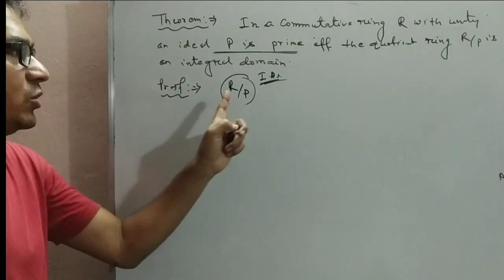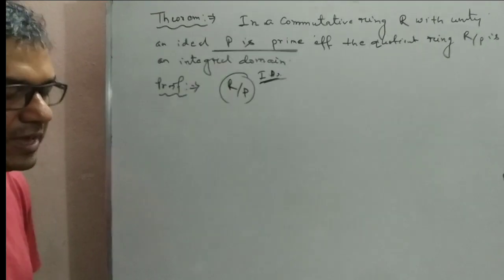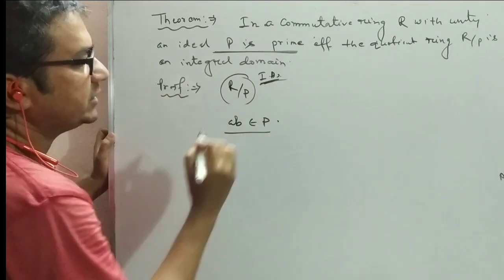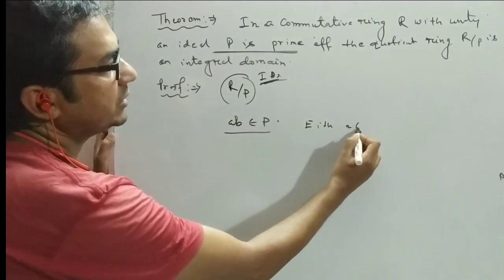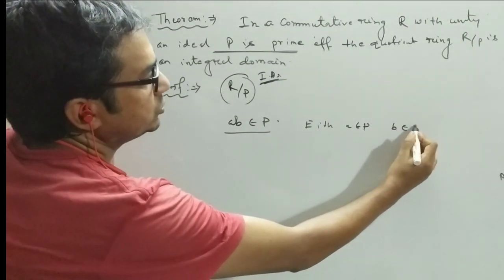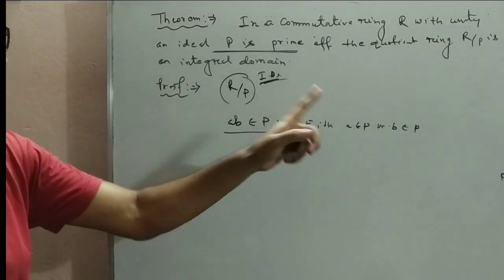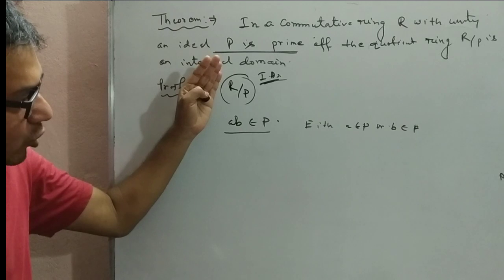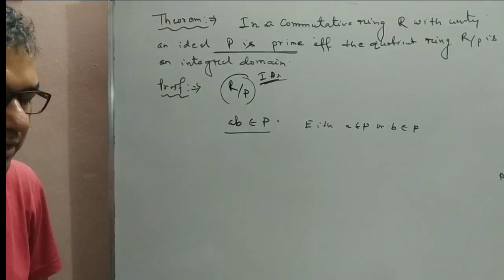In the converse part, we let R/P be an integral domain, and let ab belong to P. Then we have to show either a belongs to P or b belongs to P. Then we can say P is prime. Here it is given that it is an integral domain, and we prove that P is prime.